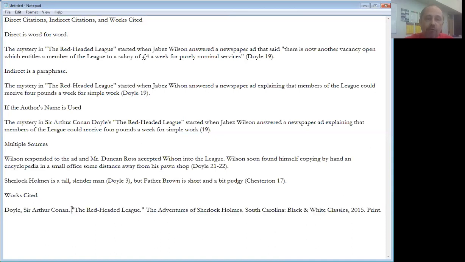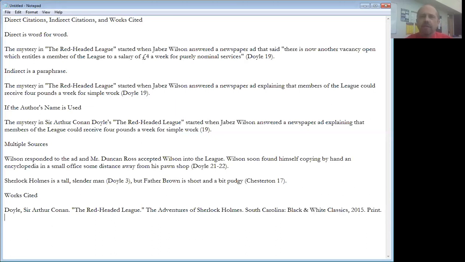I have the short story specifically, the title of the book, where the book was published, the state, the company that did the book and when they did it. And then I note that this is a print copy of the book. It's not something I found on the internet, right? And this is specifically the works cited for the classroom sets of these books that we have.